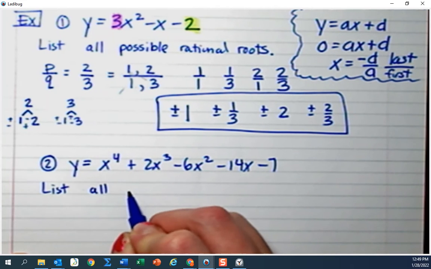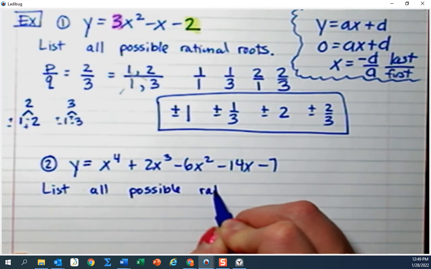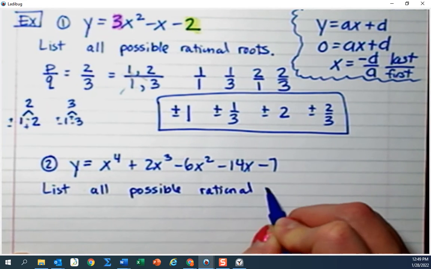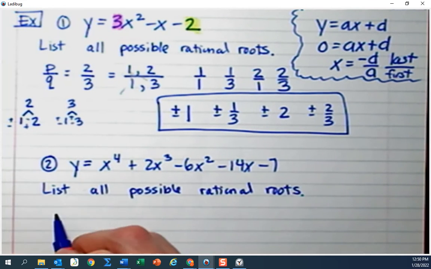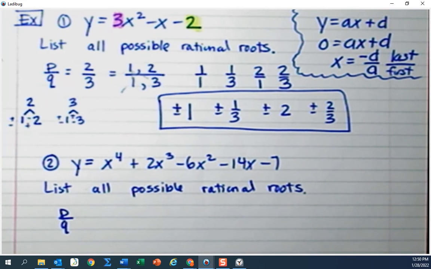List all possible rational roots. So that's the PQ. Make your PQ list.